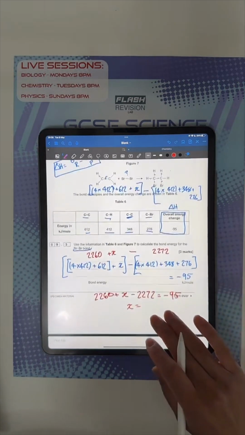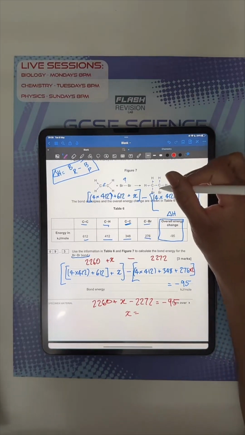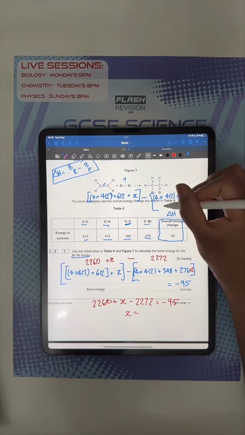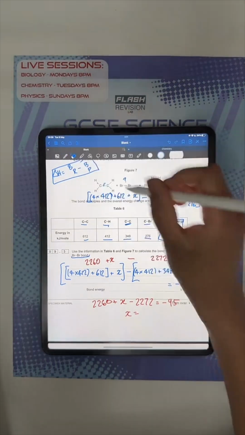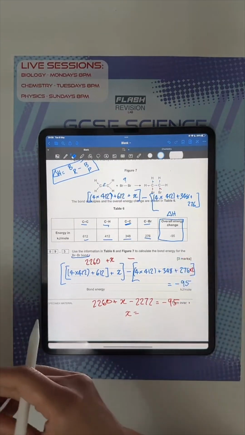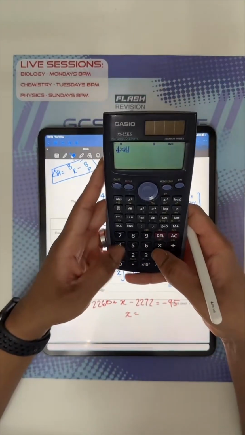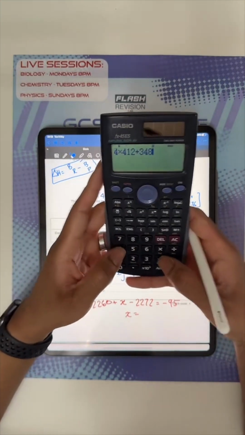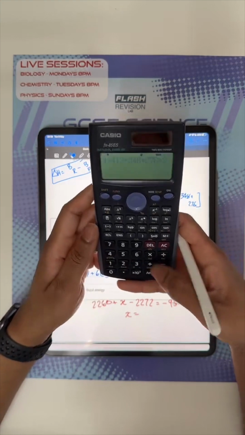Sorry, this should be 276 times 2, guys, because there's 2 of them. Thank you for pointing that out. So we need to change this. Let's do that again: 4 times 412 plus 348 plus 276 times 2.